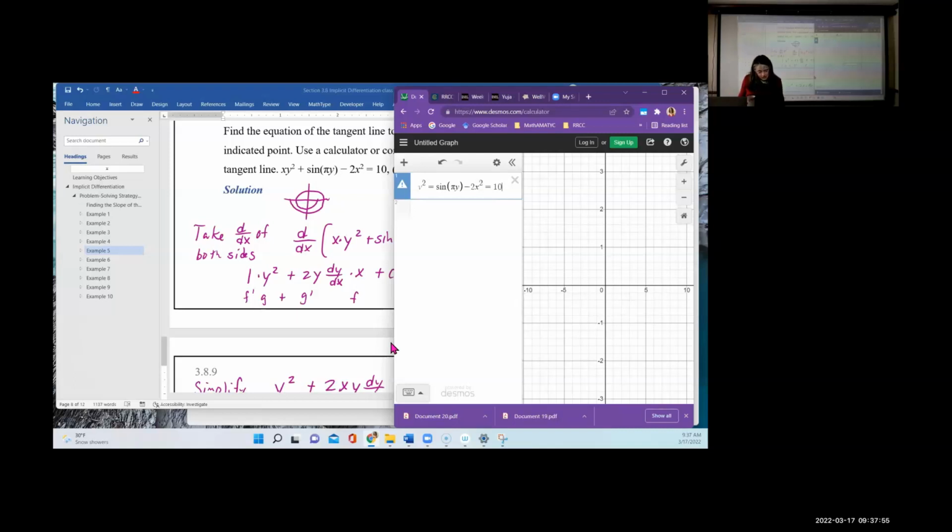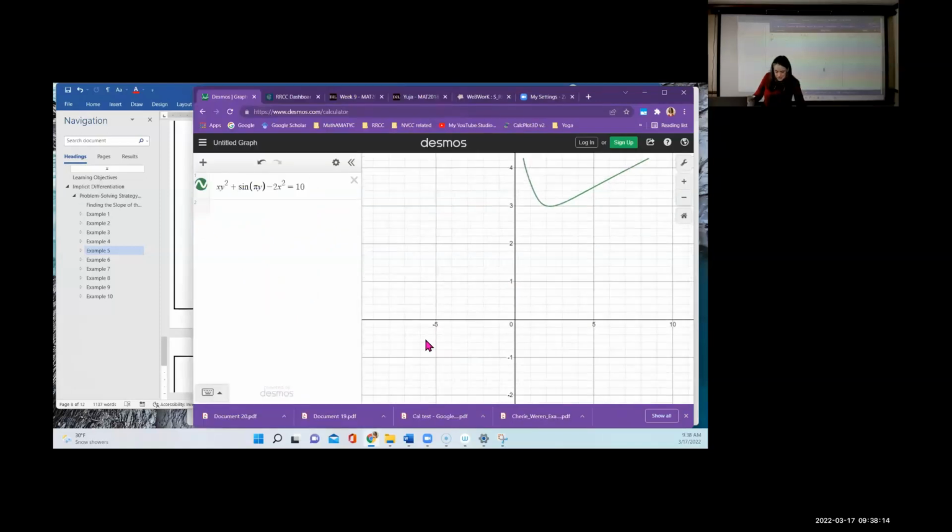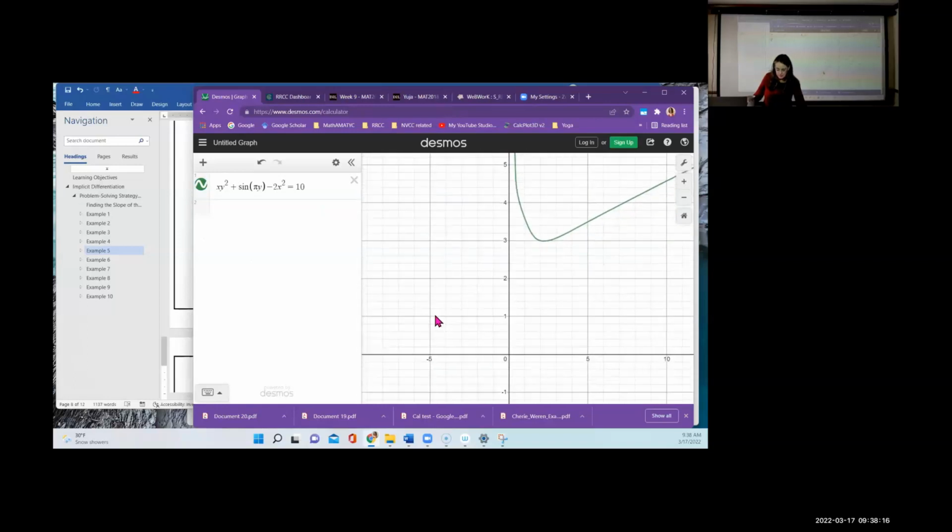Did it handle it or not? Oh, I've got an equals at the beginning. And this should be a plus. I have to say though, that was a really neat graph. Okay, so I've got xy squared plus sine of pi y minus 2x squared equal 10. All right, this one's not nearly as cool as the one I had before.